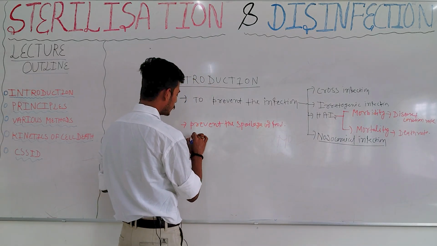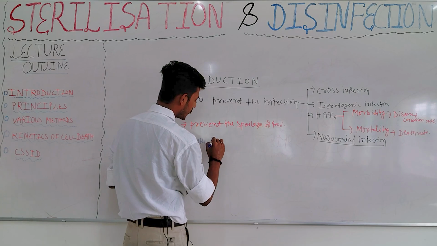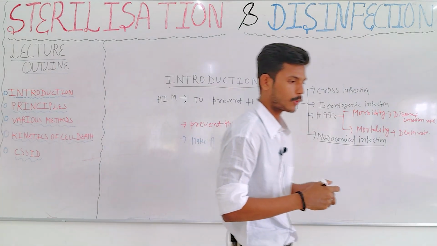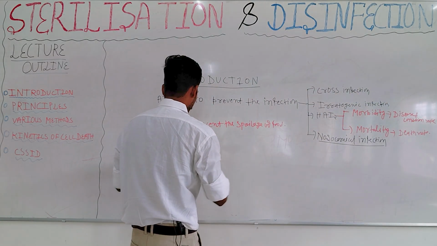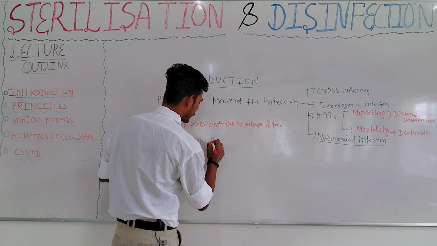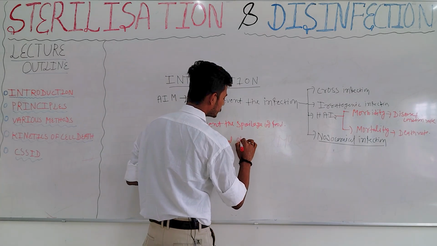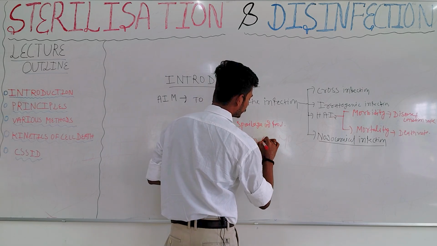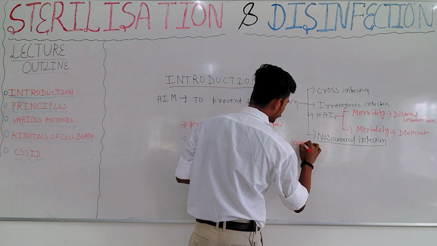So one of the aims is to make animal obtained products, animal obtained food, last for longer use.